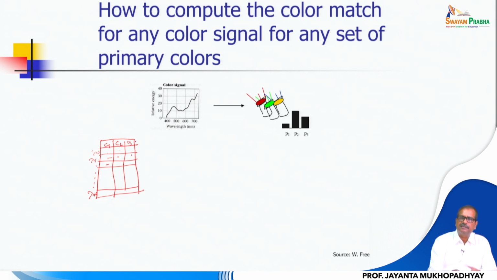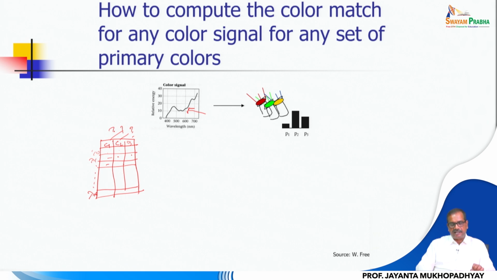This is available to me through standardization by creating this color table or color matching function. And if I consider any arbitrary color signal whose spectral distribution I know, what should be the representation of this signal in this form? That means what are those components, because that will represent this color signal. So that is how we are going to compute it.